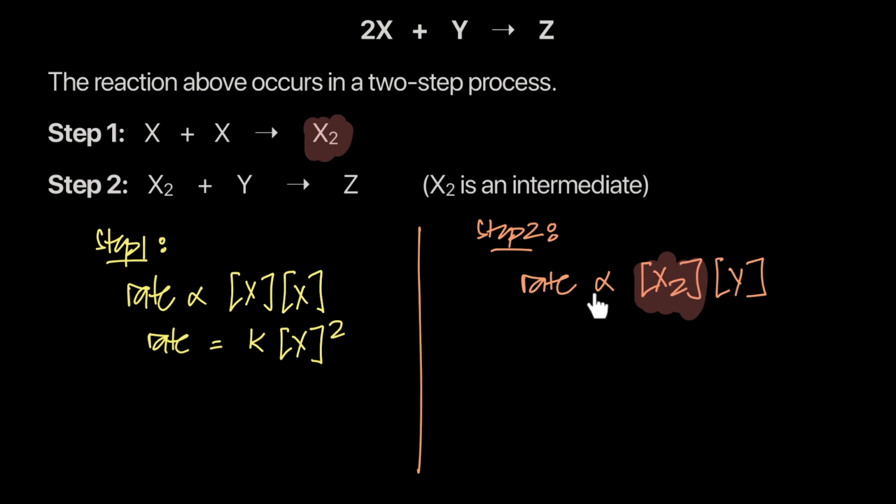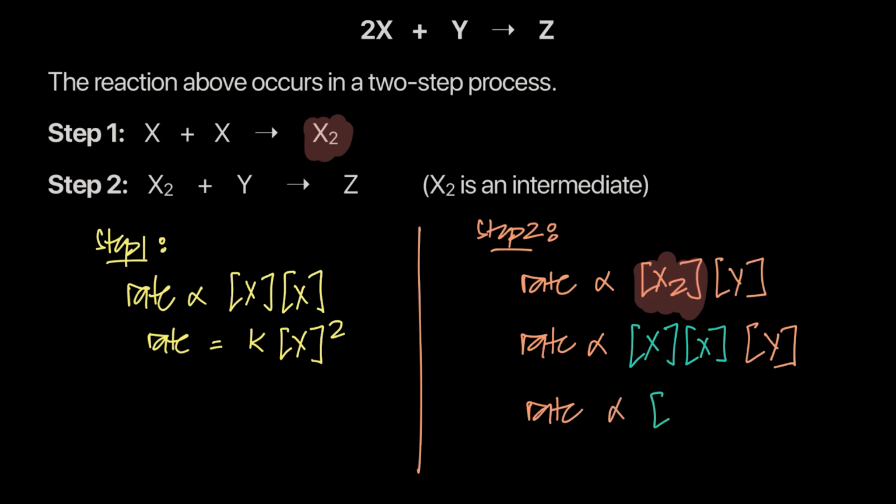Since the rate depends on the concentration of x2, whose concentration depends on the speed of the first reaction, really what you're saying is that the rate of the second step depends not on x2, but on the 2 x's that make x2, and y. So the rate equation for the second step is simply rate equals k into x squared and y.